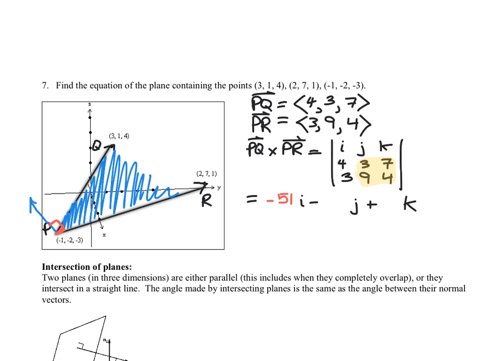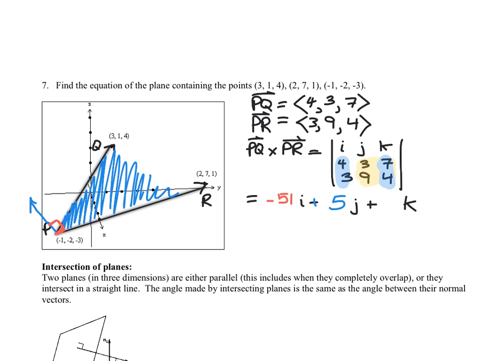All right. So now I'm looking at the J. So that's these two, everything but the J. Downward diagonal is 16, upward diagonal is 21, so 16 minus 21 is negative 5. So we're looking at negative negative 5, so plus 5.